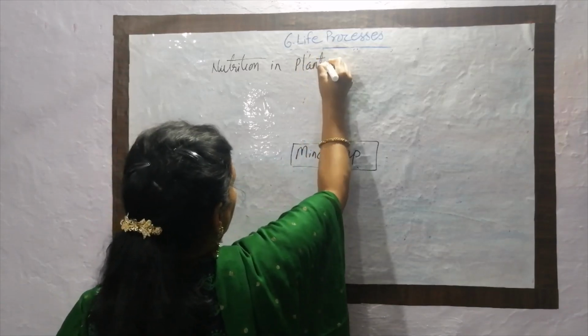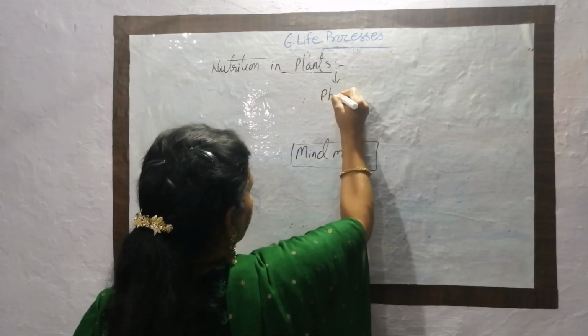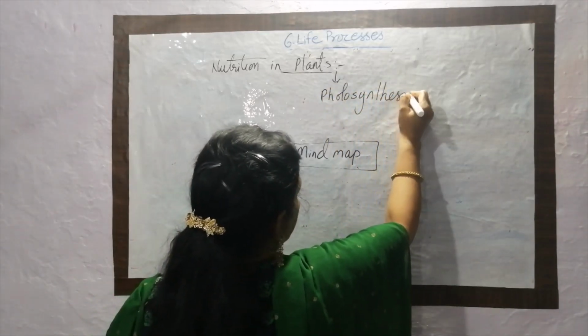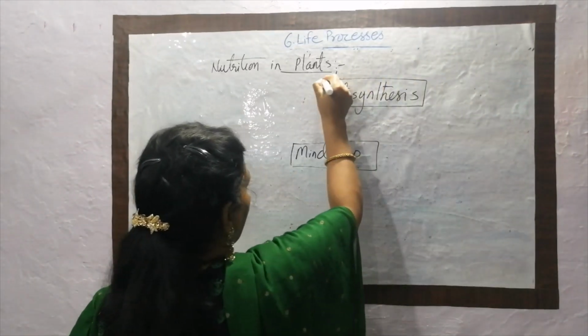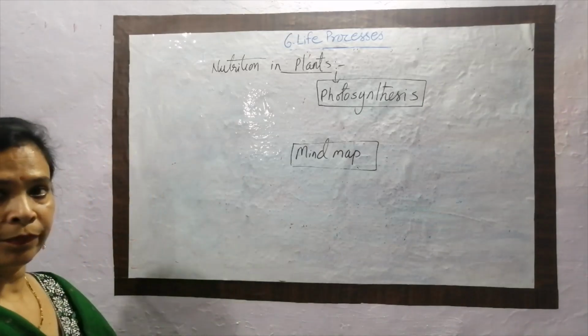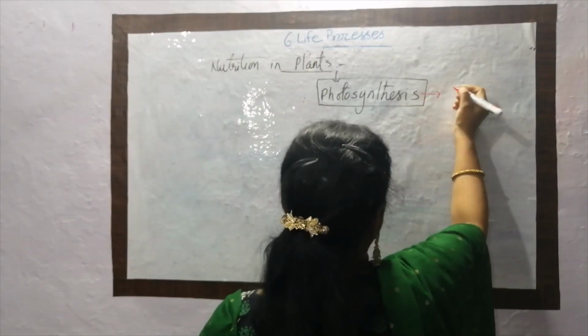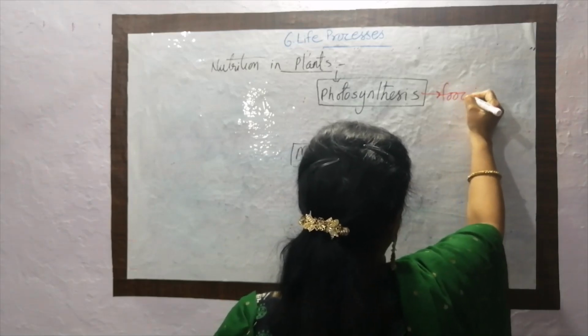The process of nutrition in plants is called photosynthesis. What is photosynthesis? It is the process by which green plants prepare their food. Photosynthesis is the food preparation process.